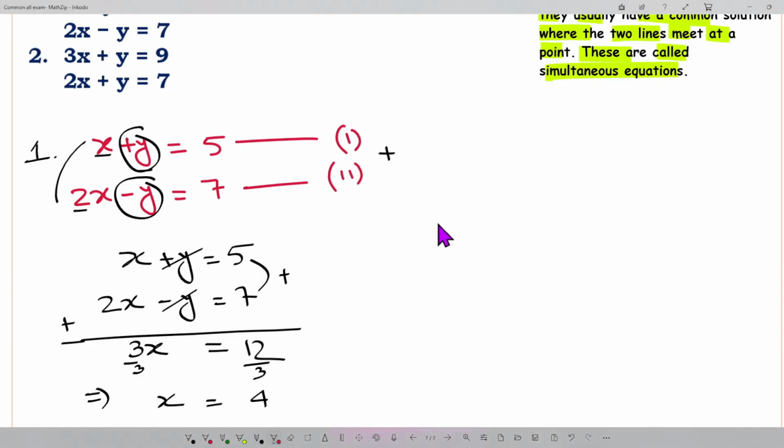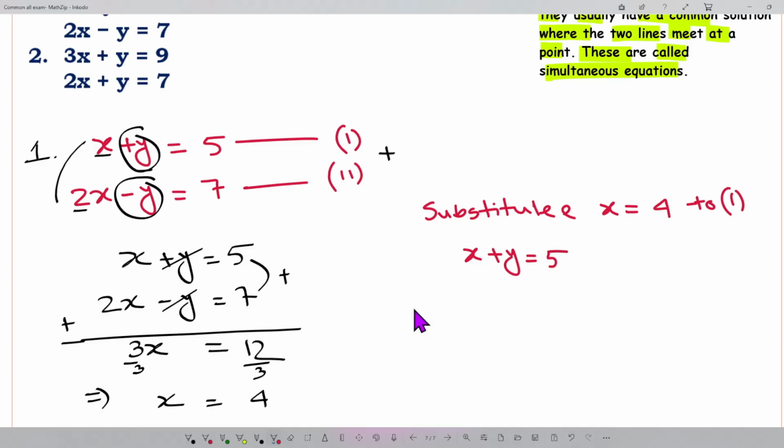So now we will substitute x equals 4 into equation 1. Here x plus y equals 5, x is 4, so 4 plus y equals 5.